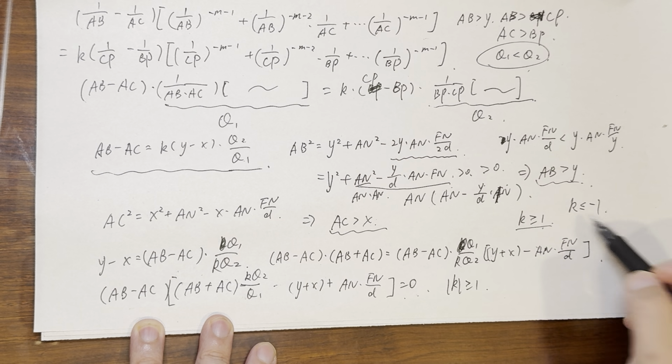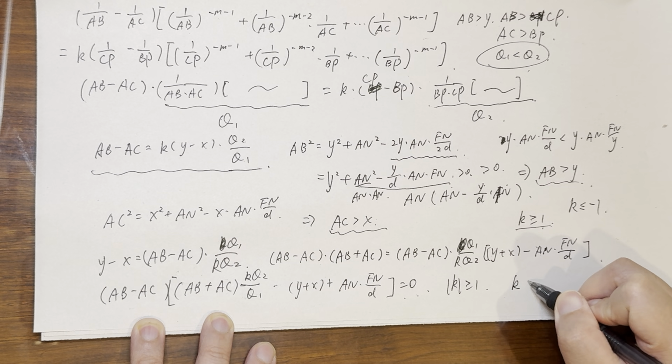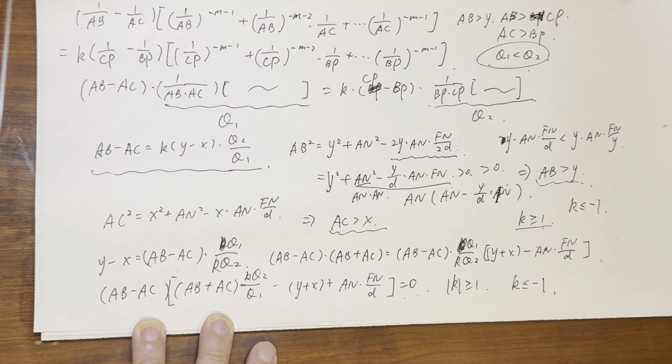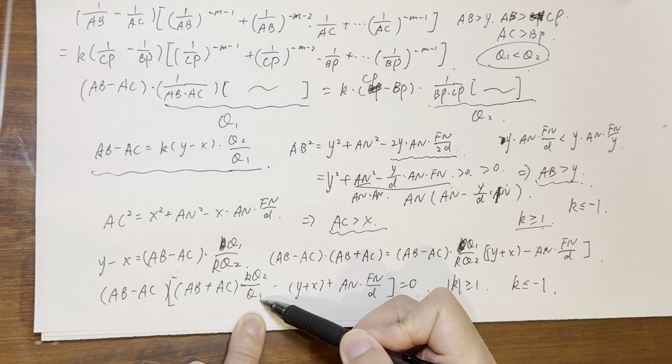Okay, now what about the case that K is less than or equal to minus 1? If this is the case, we know that Q2 larger than Q1 is still valid.